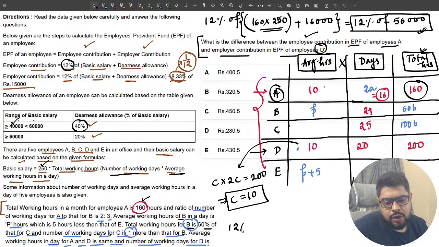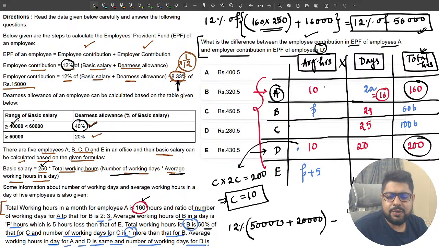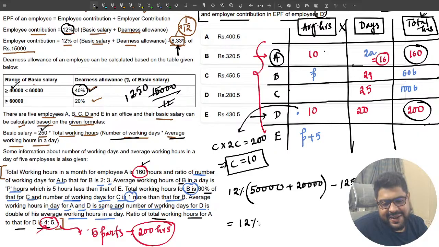So the total is 200 hours into 250, that is 50,000 rupees basic, plus 40% of that, which is 20,000. But minus 8.33%, that is 1 by 12, or 15,000 by 12. 12 times 12 is 144, 60 remaining, so 1250. So we have 12% of 70,000 minus 1250.